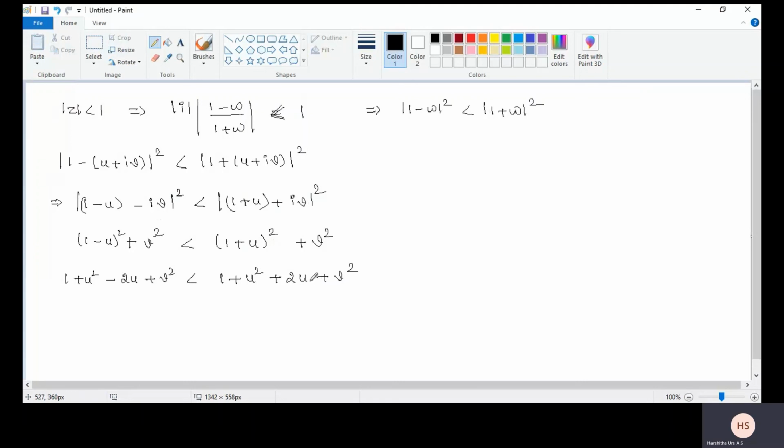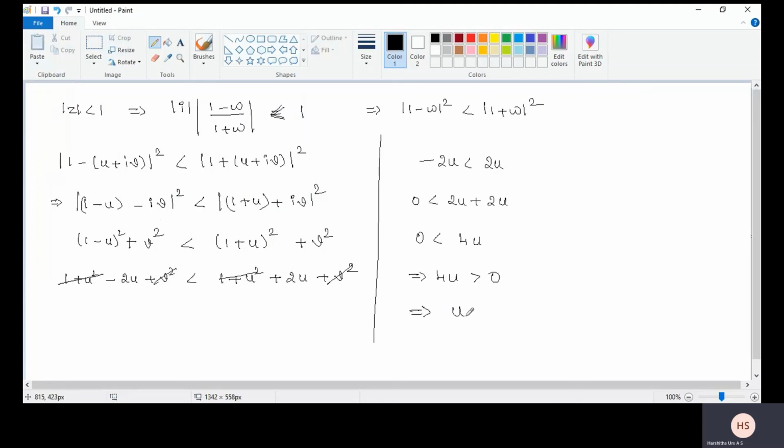So here u square, u square, 1, 1, v square will get cancelled. Here we get minus 2u less than 2u. I shift this minus 2u to the right side. So 0 less than 2u plus 2u. So 0 less than 4 into u, or we can write 4u is greater than 0.